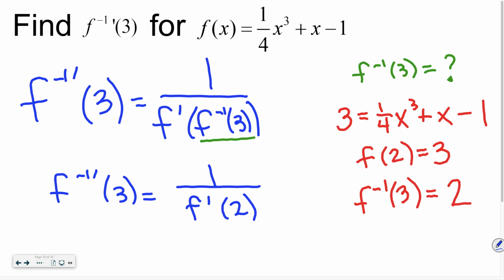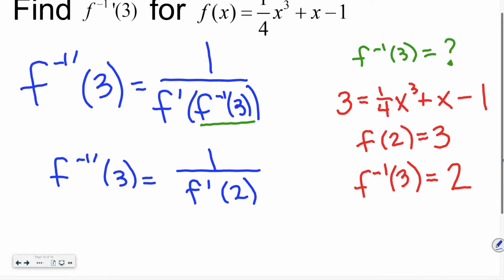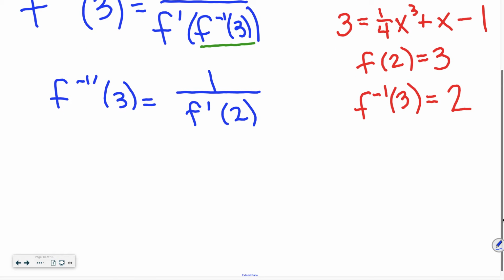Look at that fraction. 1 over f prime of 2. Do we know f? We know f is 1/4 x cubed plus x minus 2. Can we find its derivative? Yeah. The derivative of f would be 3/4 x squared plus 1.